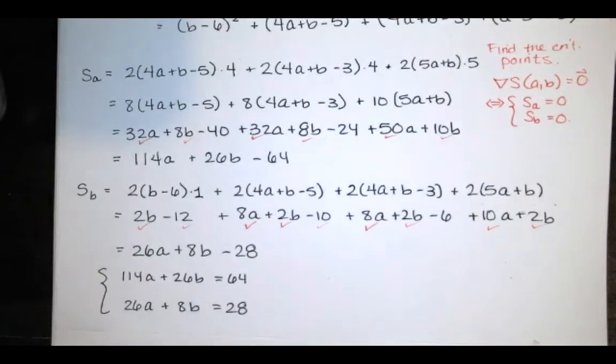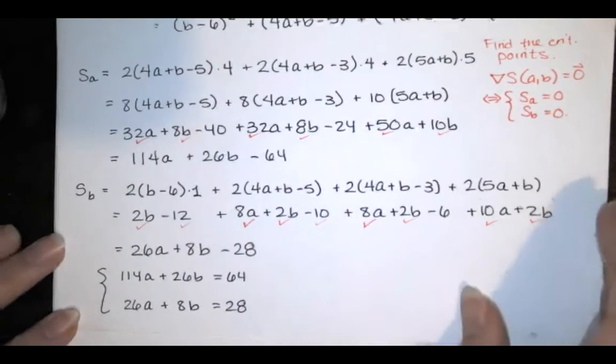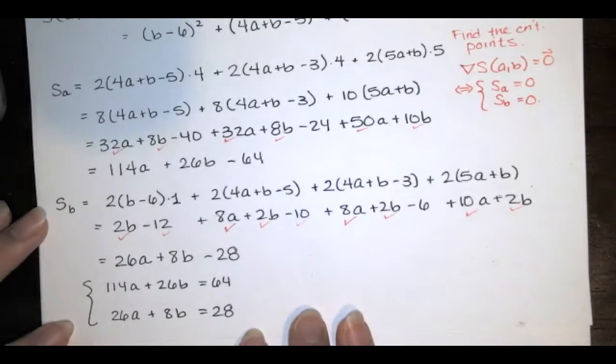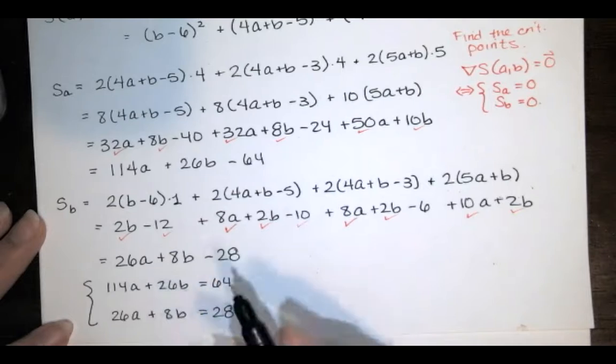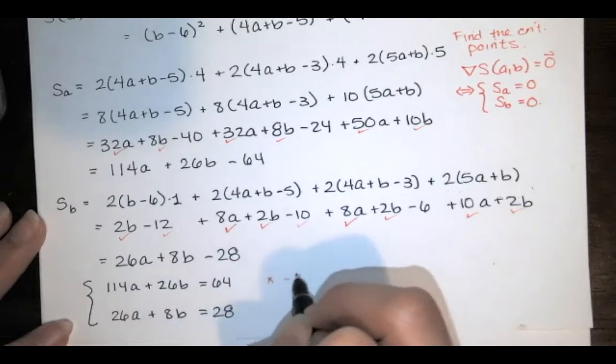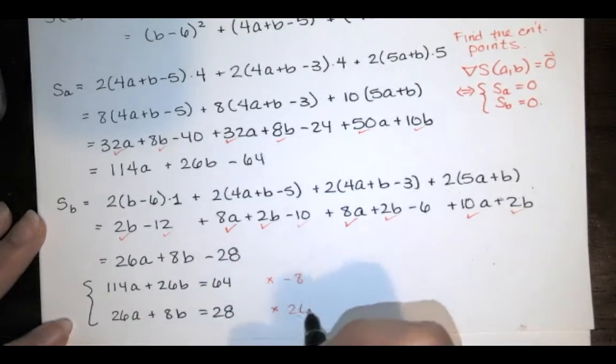Yeah, I think that might make our lives a little bit easier. But we could also just start multiplying. I'd really like to get rid of the b's. So to get rid of the b's, I think I'll just multiply this equation by -8, and I'll multiply this one by 26.